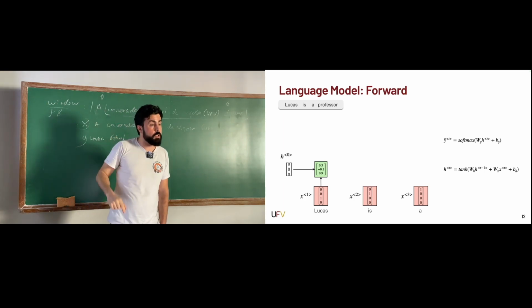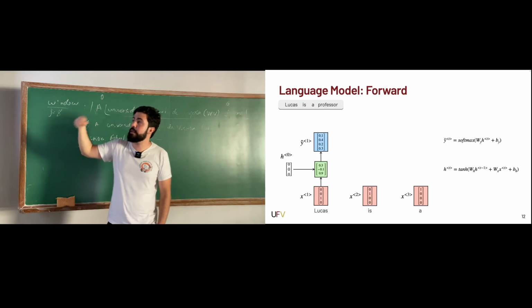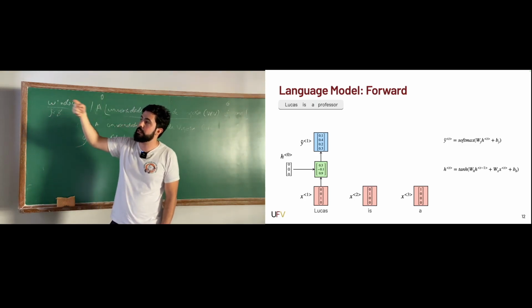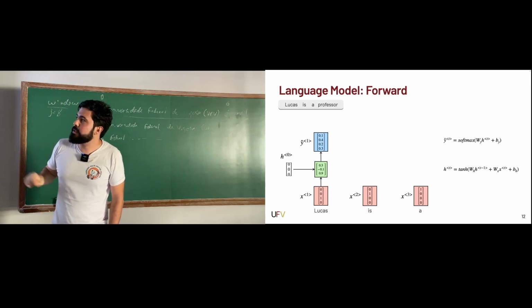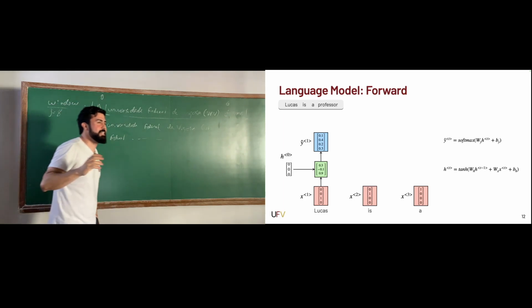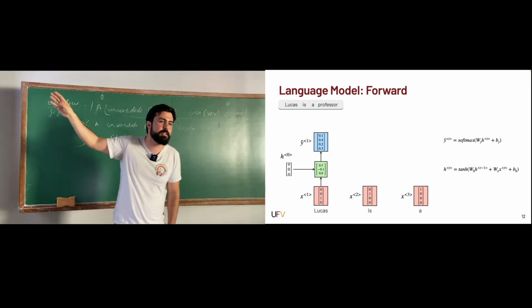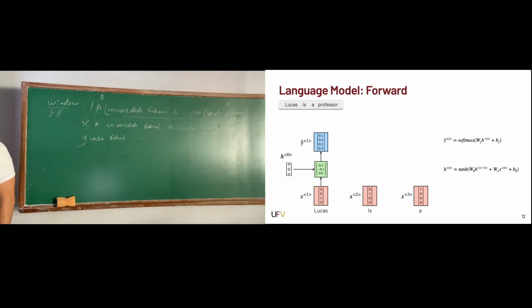That would be h1. And then we would use this h1 to generate our first output, y hat 1. And now, that vector has 4 dimensions because in order to make this fit on the slide, I couldn't use those 500K dimensions. It wouldn't fit here, right? So I'm just shrinking it to 4.